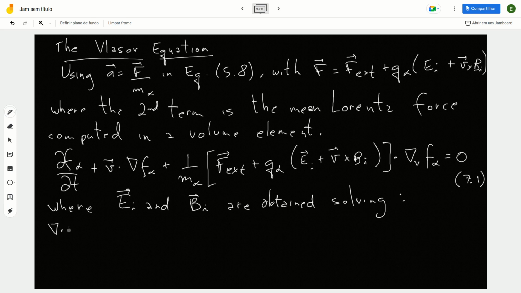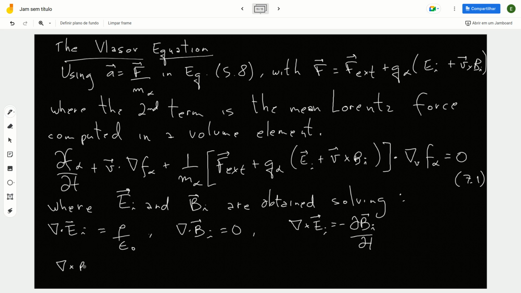So we have Maxwell's equations. The curl of E will be equal to minus del B_i del t, and this one as well.